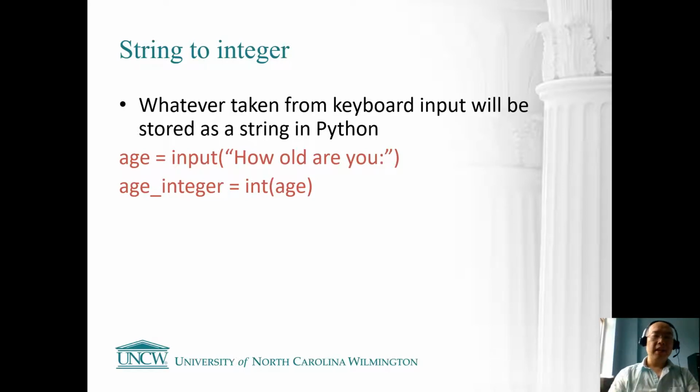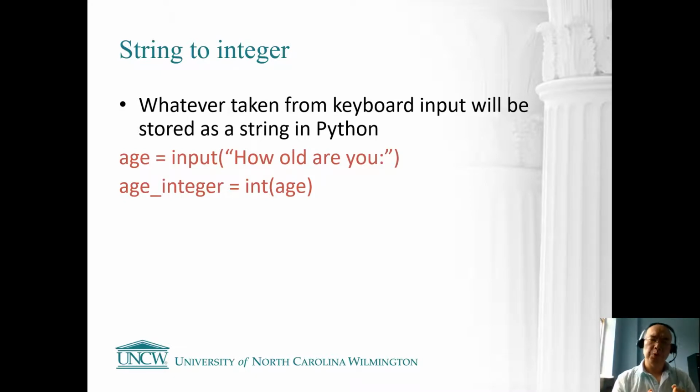Okay, and another trick is, whenever you take the user input from the keyboard, it will be taken as a string. However, sometimes we do want to have numbers, right? So if I ask you how old are you, you tell me you are 18, for example. I'm going to take this 18 as a string, not as an integer.